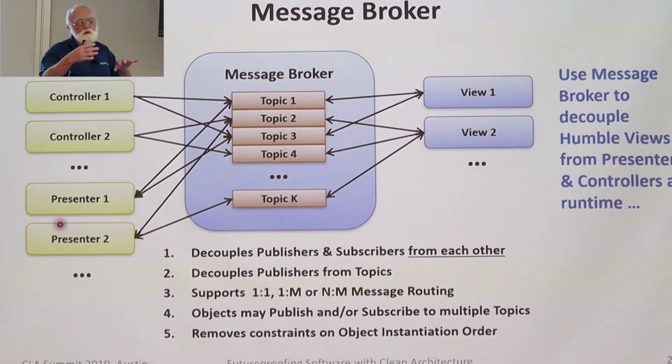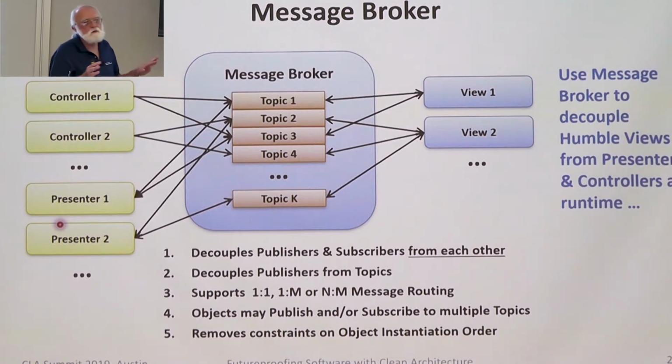And what the message broker approach allows you is to decouple publishers and subscribers from each other. It allows you to decouple publishers from topics. You don't need to instantiate a publisher in order for a subscriber to subscribe. Subscriptions are done by the message broker.